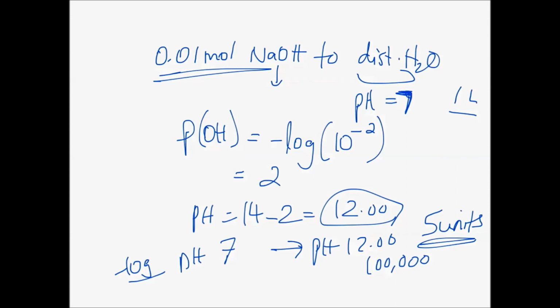So that's pretty remarkable. That's pretty significant. A buffer did not allow a change of more than 0.05 units, whereas doubly distilled or deionized water will jump from 7 to 12 because of the absence of a buffer in that scenario.